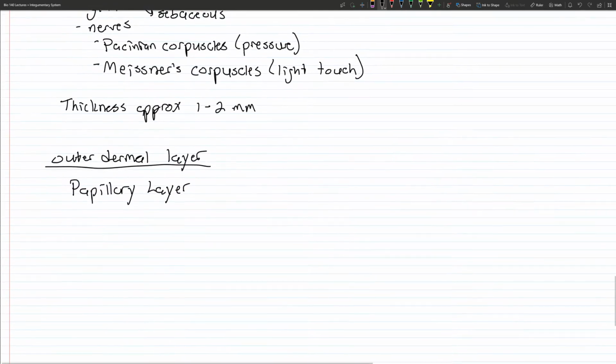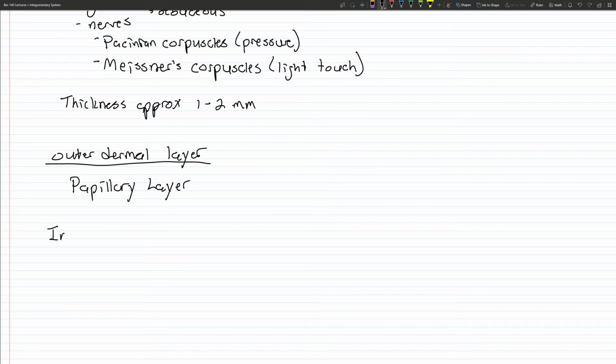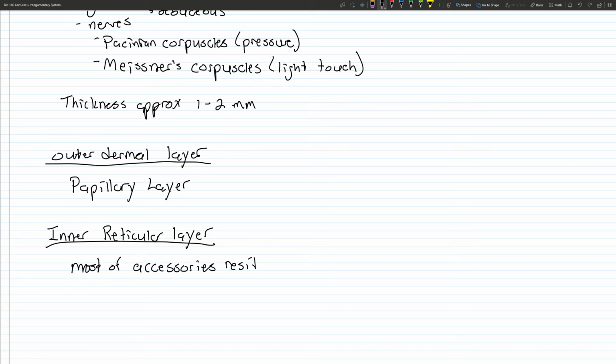Okay. And then you have the inner reticular layer. Okay. This is where most of your stuff lies. This is where most of the accessories reside. Okay, and this is the thicker of the 2 layers.